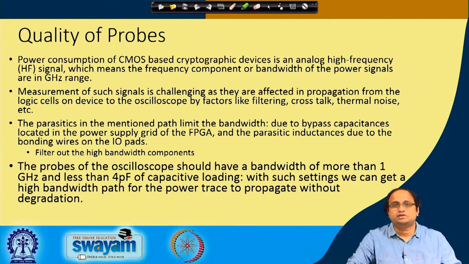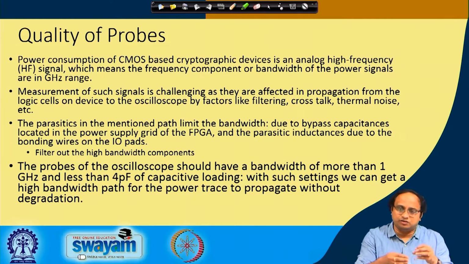Therefore, measuring these signals could be challenging, because when you are transferring the power signal from your target to the oscilloscope, there are a lot of things through which the signal is traveling, and because of that there could be high frequency components which are lost.